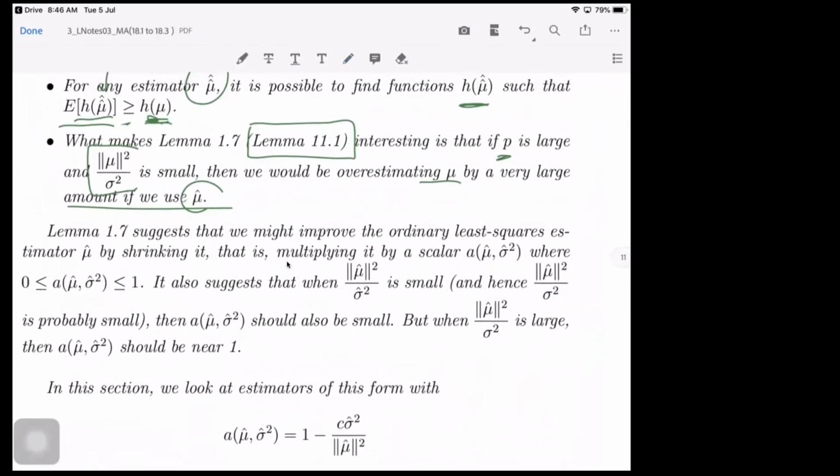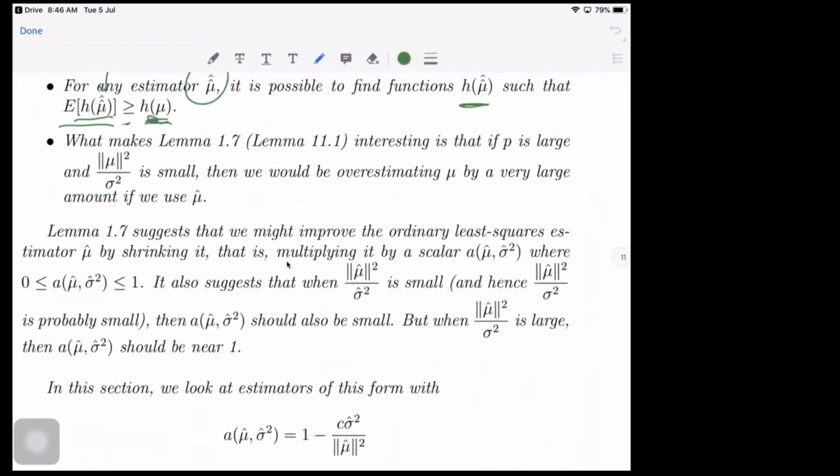So what James Stein suggested is we might improve the OLS estimator mu hat by shrinking it. That is multiplying it by a scalar A, which is a function of mu hat and sigma squared, where this scalar is only between 0 and 1. So dapat between 0 and 1 lang, fractional, no?